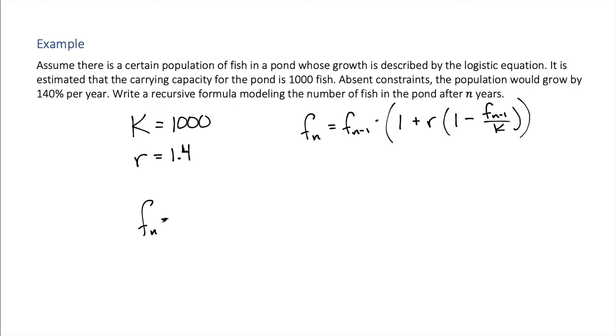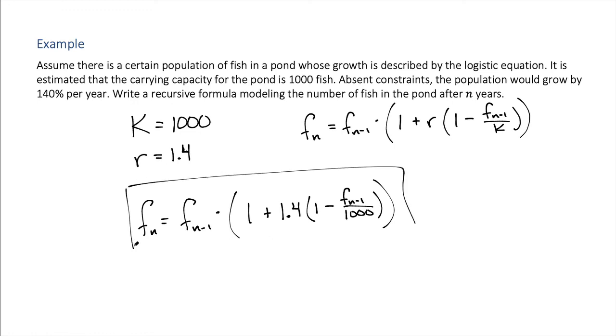So Fn equals Fn minus 1 times 1 plus 1.4 times 1 minus Fn minus 1 over 1,000. That's all we can say. We don't know the initial amount, so this is as much as we can say about our recursive formula.